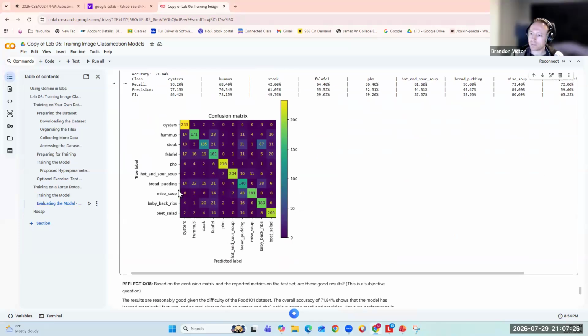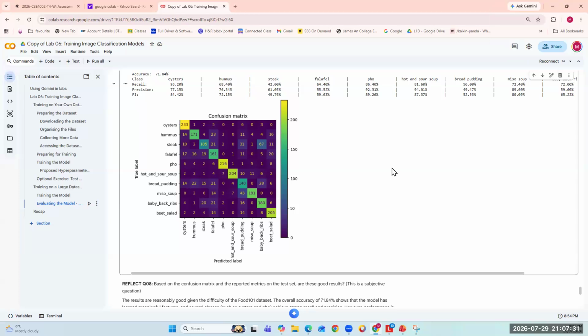So you're asking if you flipped it along the diagonal, would it mean the same thing? The answer is no, specifically with respect to recall and precision.